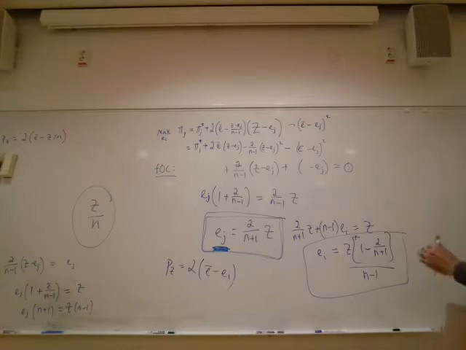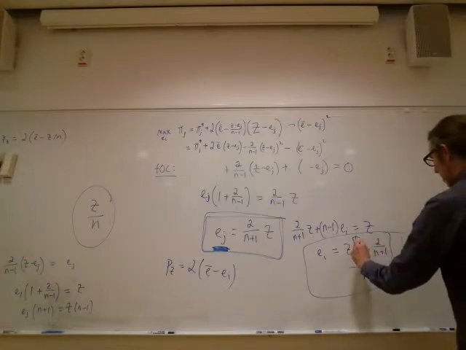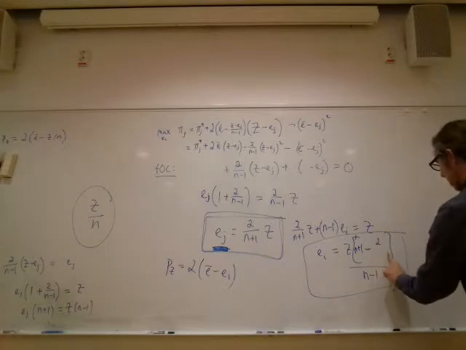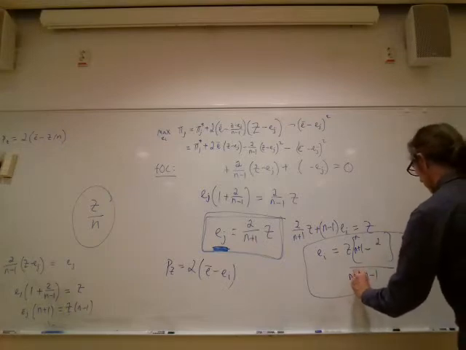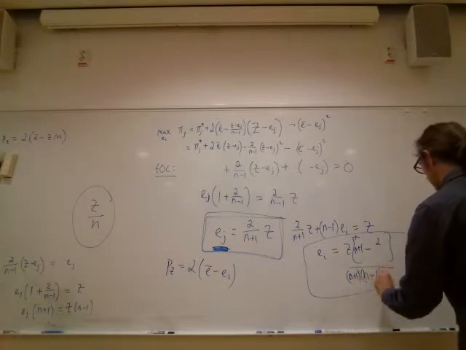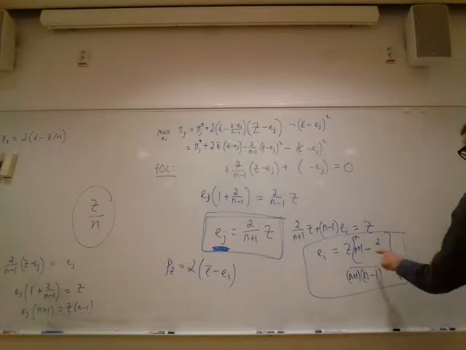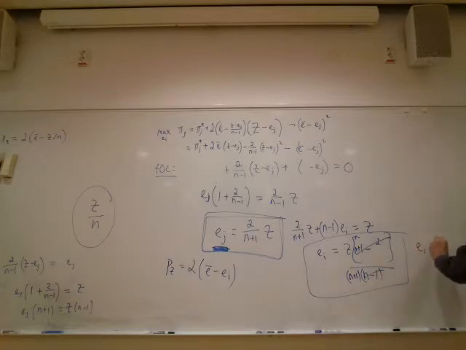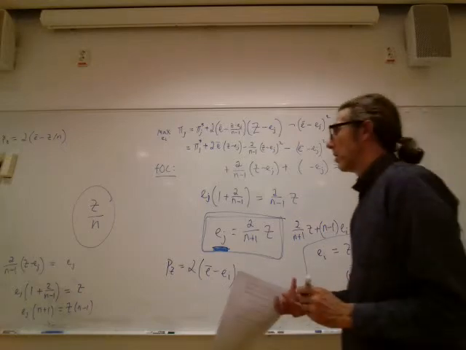Times top and bottom by N plus 1, you get N plus 1 minus 2 here, and N plus 1 times N minus 1 here. N plus 1 minus 2 is N minus 1, so that goes out. So EI is Z over N plus 1. Wow.